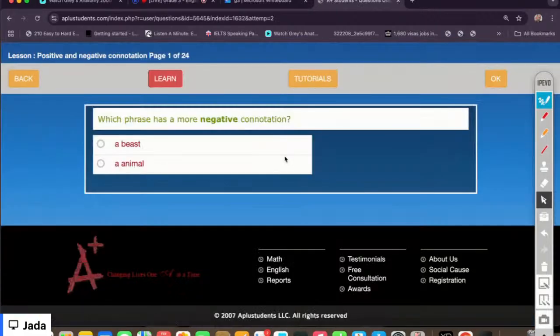So moving on here, we have, which phrase has a more negative connotation, a beast or an animal?